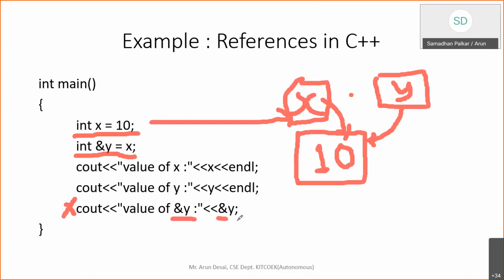What will be returned to the console? Any answer? Are you with me? What answer does it actually give you? It will simply give you the address of y, right?